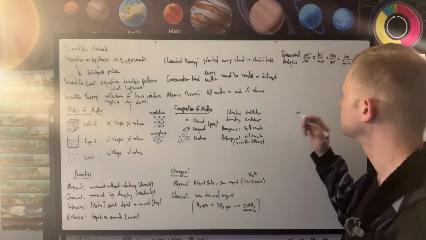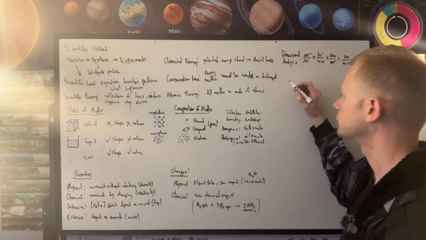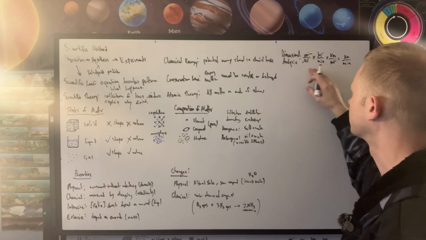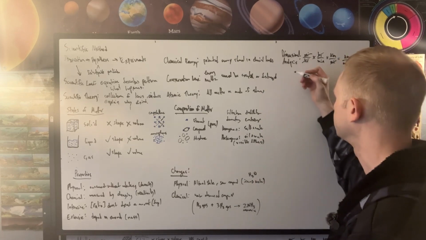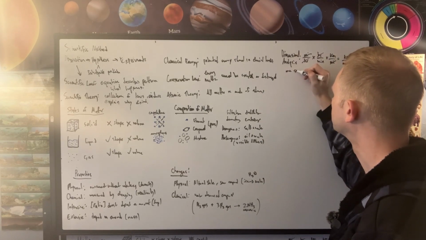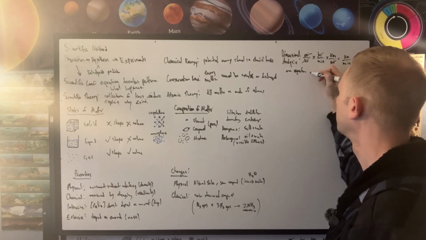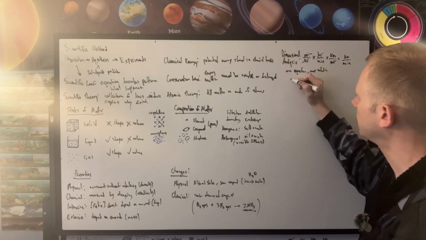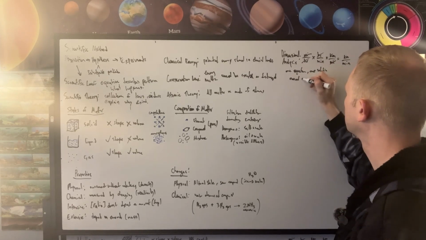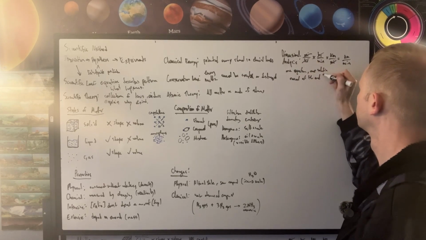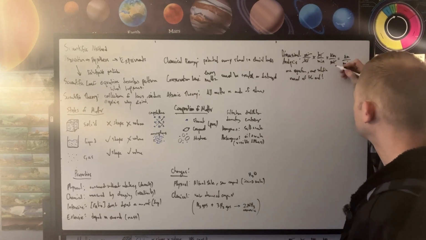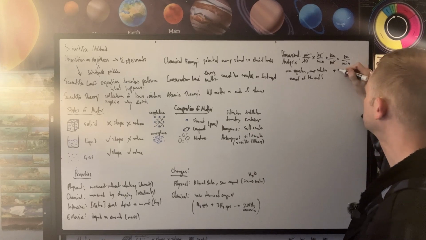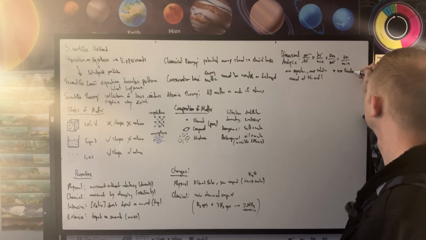Now the cool thing about dimensional analysis, you can see this is a pretty long equation here. So this allows you to not have to round a whole bunch of times. You just round one time at the end. So you'll have one equation and one solution. And try to make as long of a chain as you can so that way you can round at the end. And that's great. Now, you might have to break these up at some point, so that's why it's good to use fraction form.